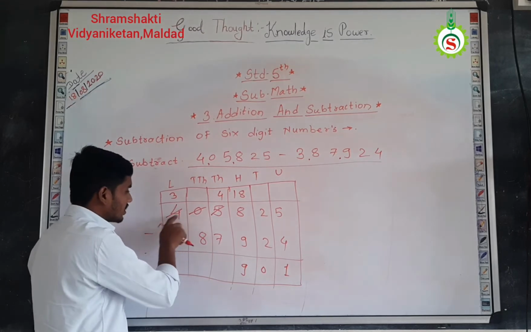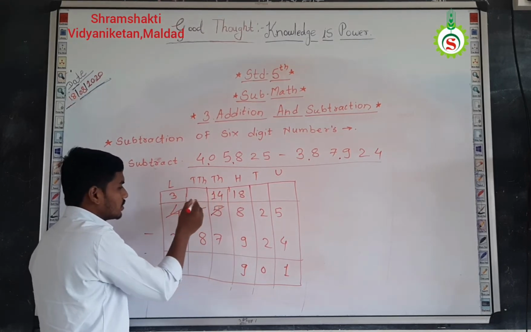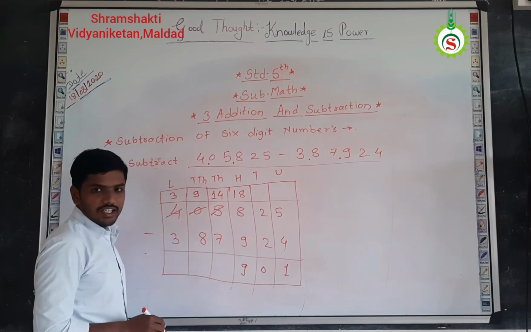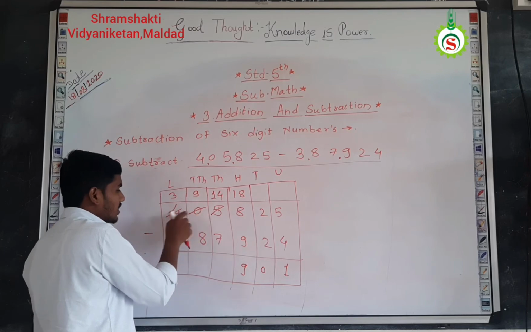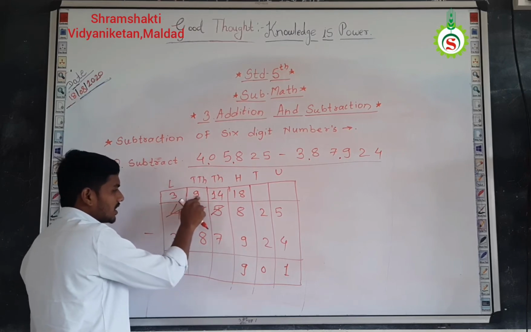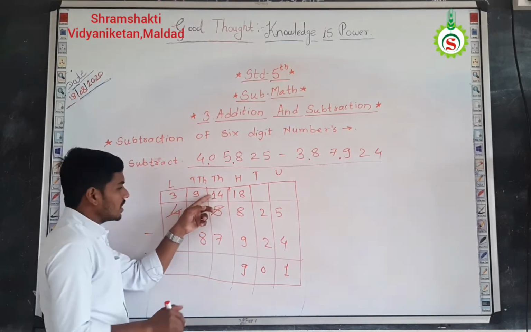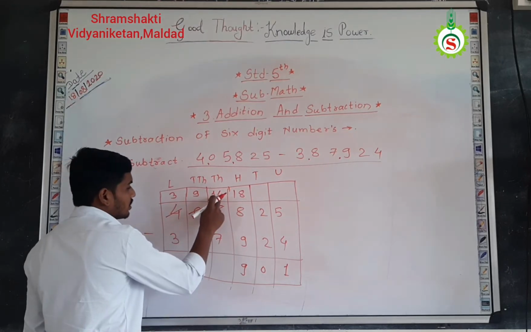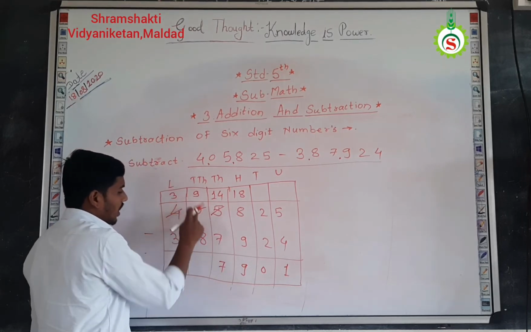Now the 0 has taken the borrow and given the 1, so here remains only 9. Why does 9 remain here? Because that 0 has taken the borrow, that means it becomes 10. But that 10 has already given 1 as a borrow, so here remains only 9. So 14 minus 7, the answer is 7. Now 9 minus 8.